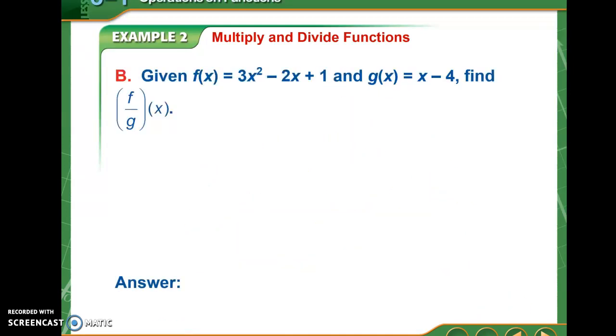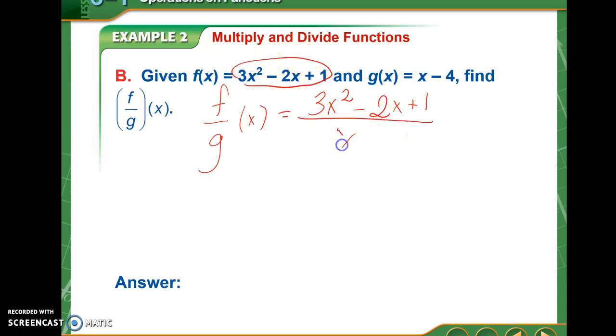All right, so division. This is where we need to make sure we write our restrictions. So we're taking an f function divided by the g function. So the f function is 3x squared minus 2x plus 1, this function, and we're dividing it by x minus 4.